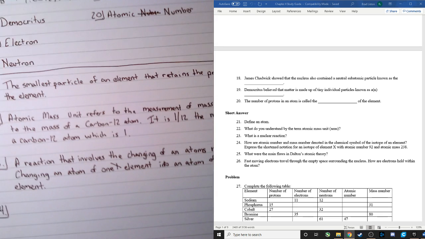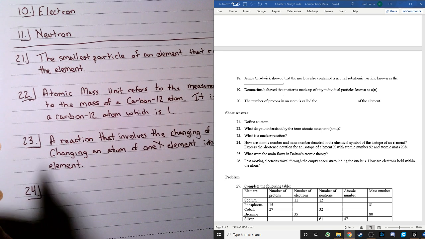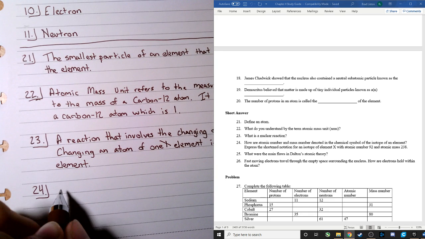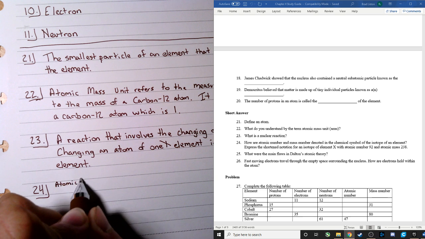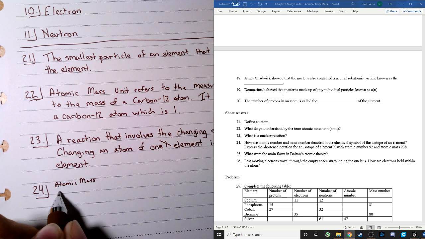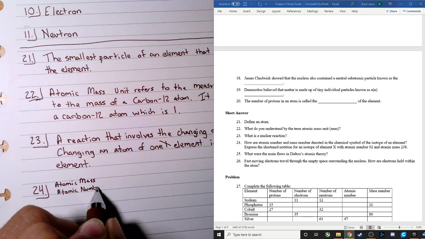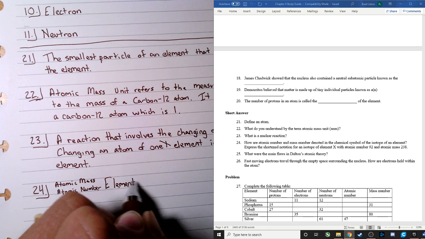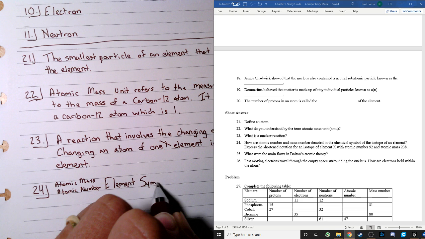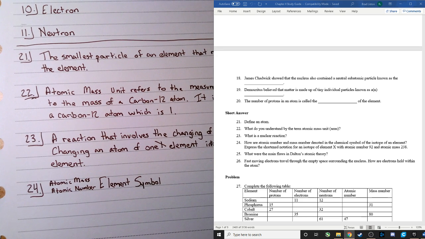So I'm going to move the camera a little bit. Let's see if I can write this small enough. Okay, so that's the general layout of this.